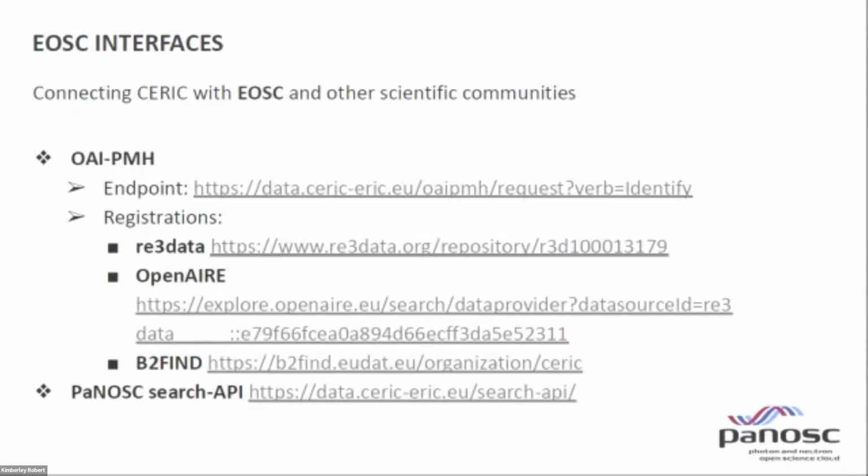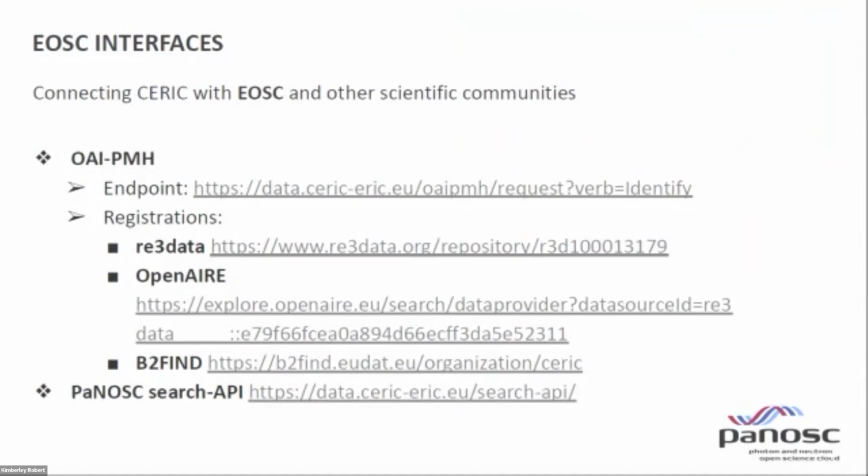Okay, last slide. These are all the ways in which CERIC exposes the metadata stored in the catalog. So we have OAI-PMH, mainly, and the PaNOSC search API. For the OAI-PMH, we use the implementation of ICAT, and we are disseminating metadata in DataCite, PaNOSC, and Dublin Core formats.